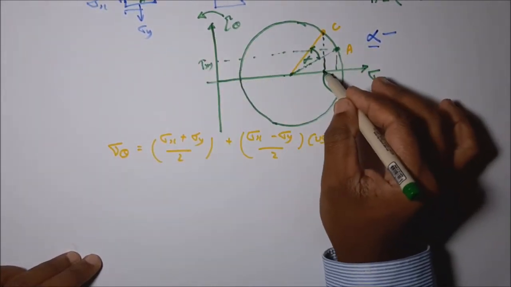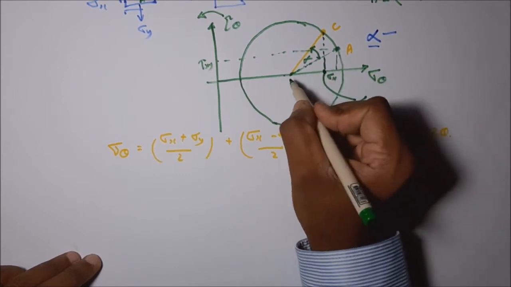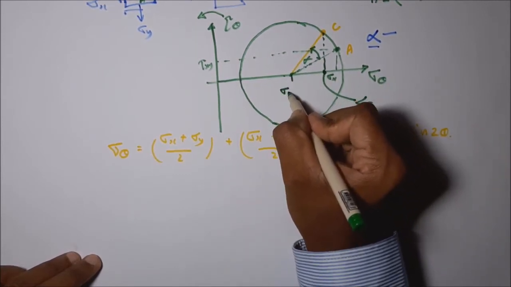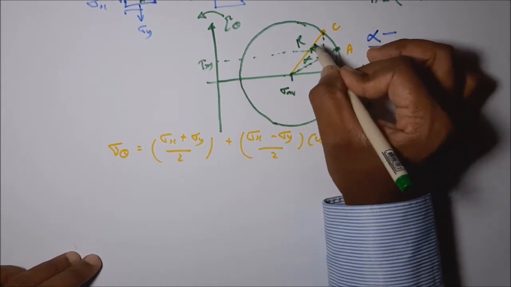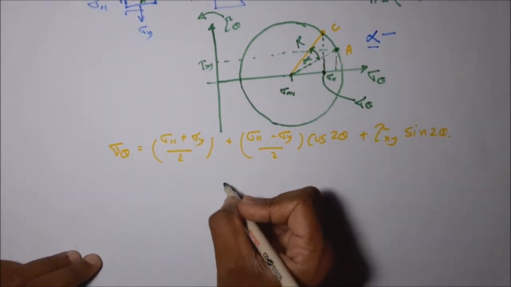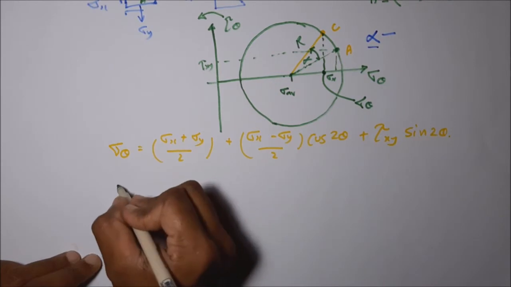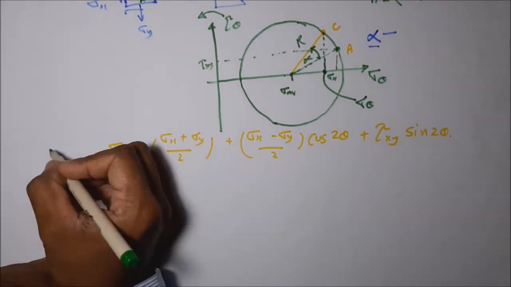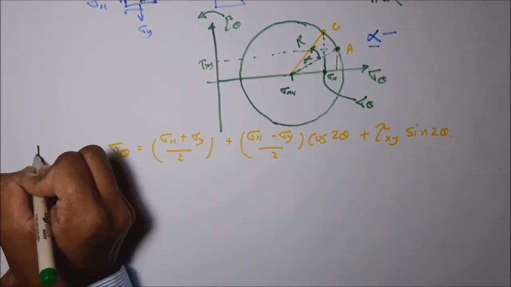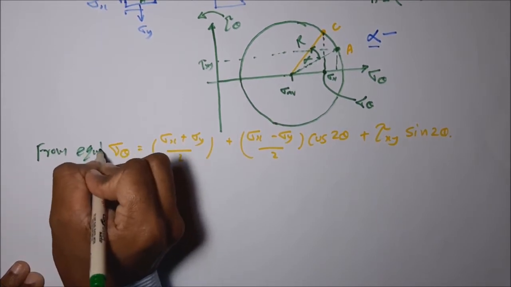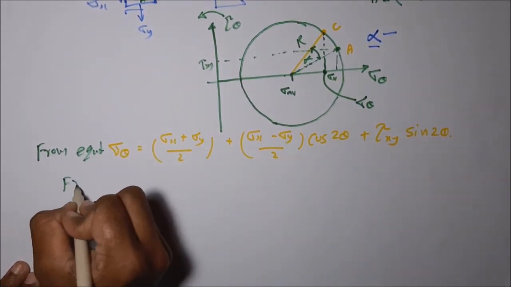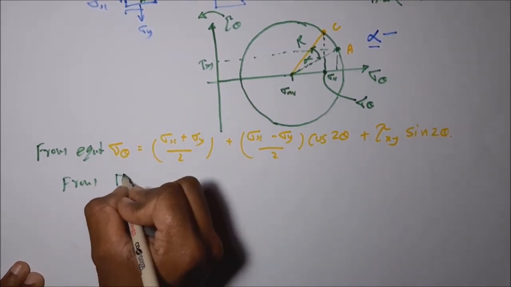This is sigma average, and here it is R. You can write the sigma theta value from the Mohr circle diagram in this way. I will write the first one as from the equations, and this one as from the Mohr circle diagram.